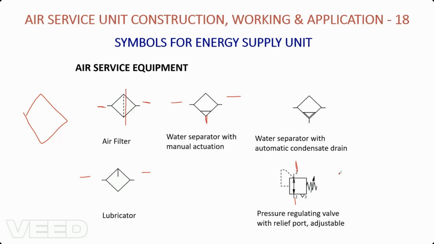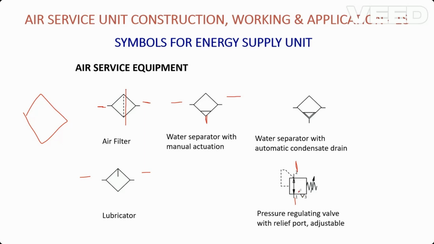Whenever I rotate, the gap between these two arrows increases and decreases. If it is decreasing, the air pressure gets decreased. If it is increasing, the air pressure gets increased. Completely open, more air pressure. Completely closed, lesser air pressure.